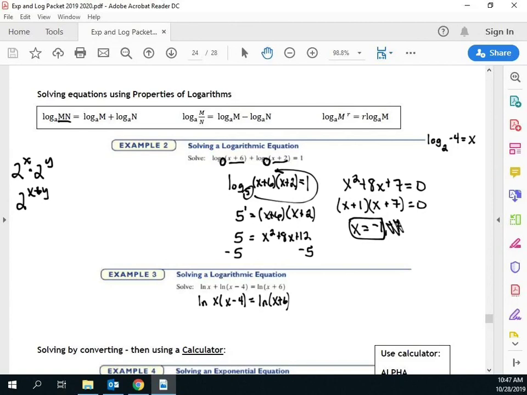And remember, if it's plus, that means you're going to multiply. So what do you notice has happened here? Is there one natural log function on both sides?